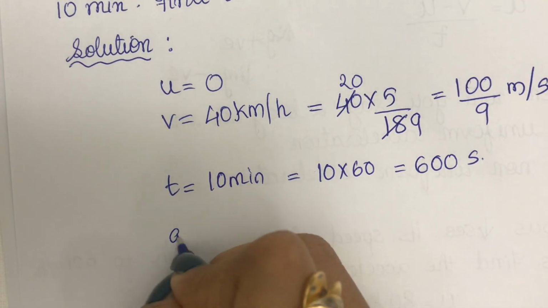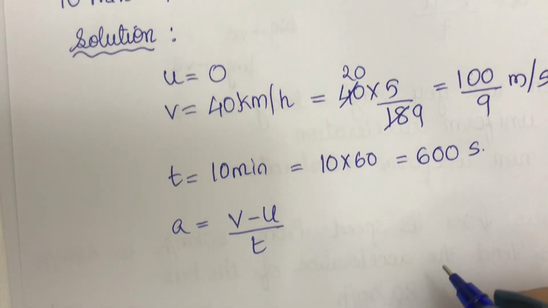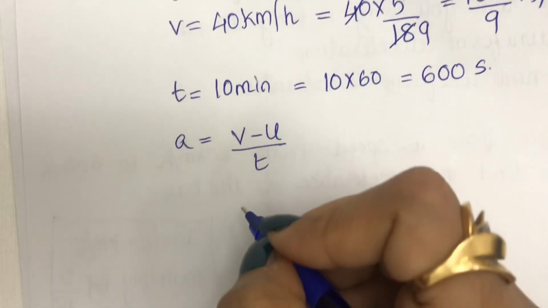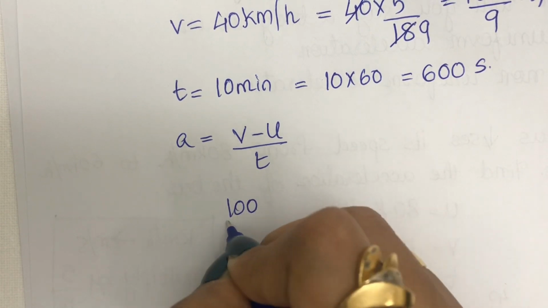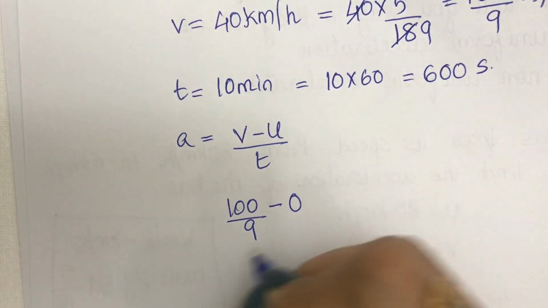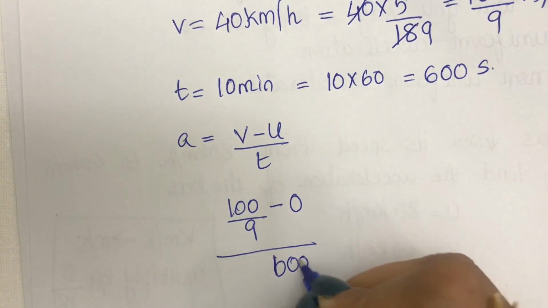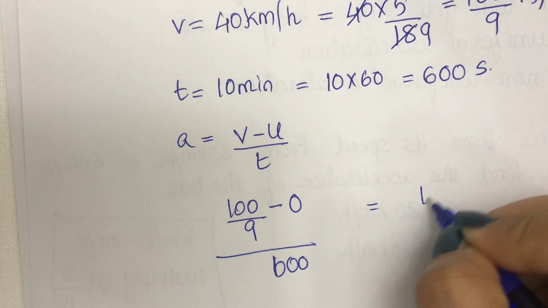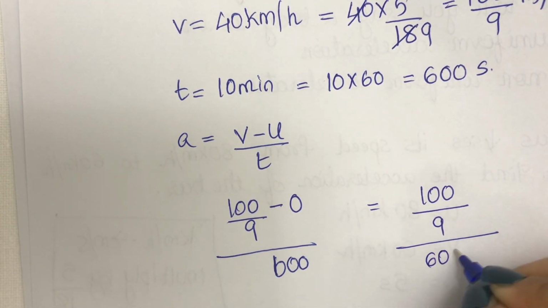So what is acceleration? It is v minus u by t. Always write the formulas, okay? So v is 100 by 9 minus 0, by 600. Okay, so it is 100 by 9 by 600.